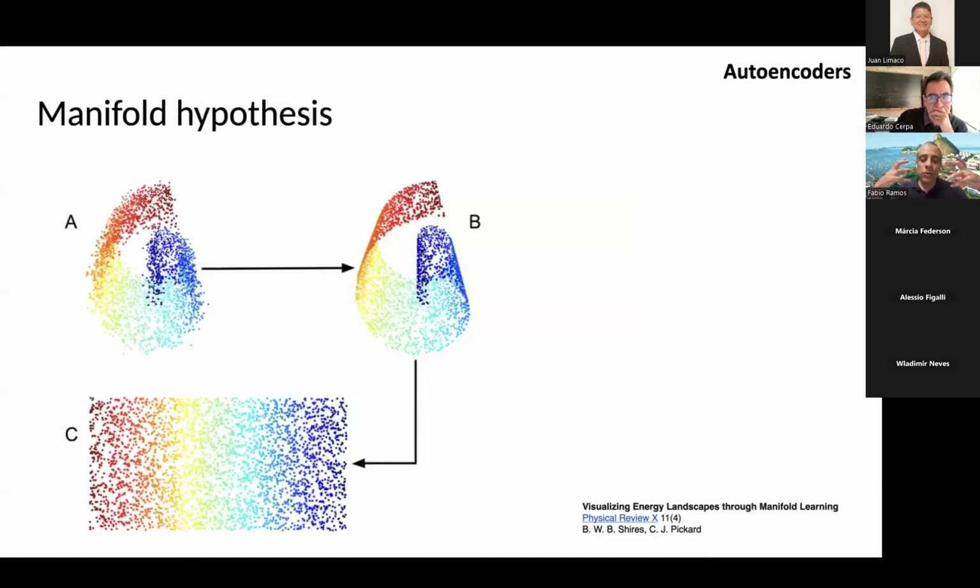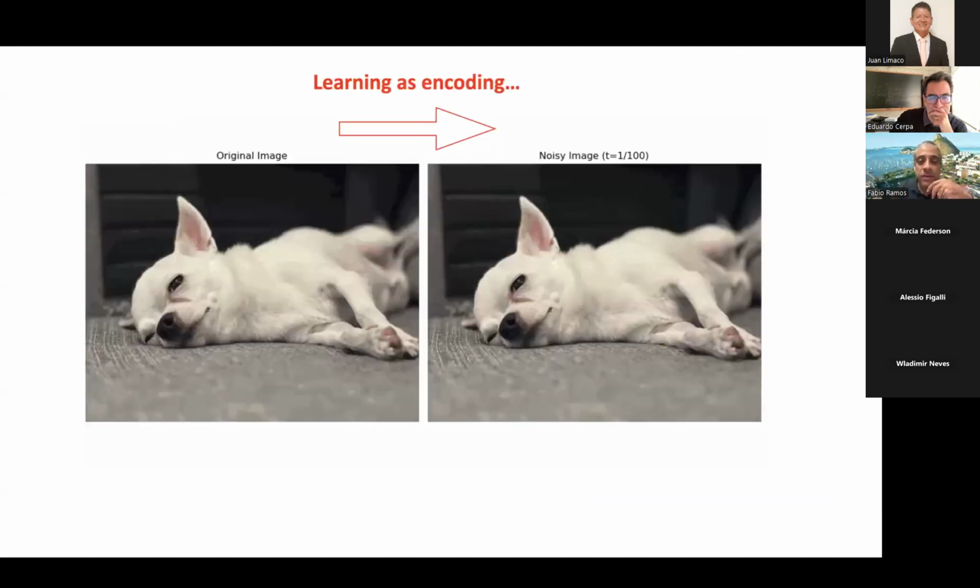And we believe this works because we believe that meaningful data live in a very small dimensional manifold. They're embedded in a high dimensional R^n, but the topological geometry is actually pretty small. This is the idea of the manifold hypothesis.